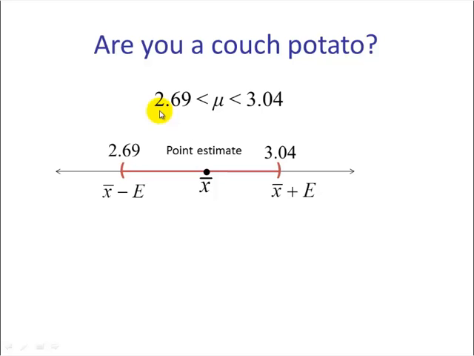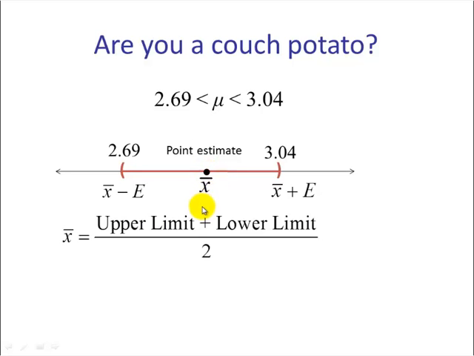So we are given that we are 95% confident that mu is between 2.69 and 3.04. If we look at this visually, x bar, or point estimate, is exactly in between these two values.